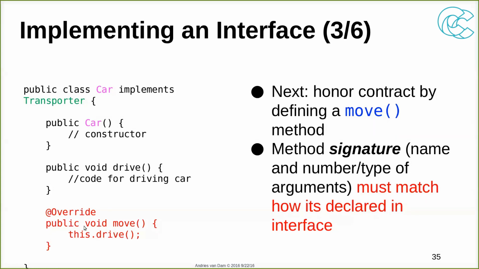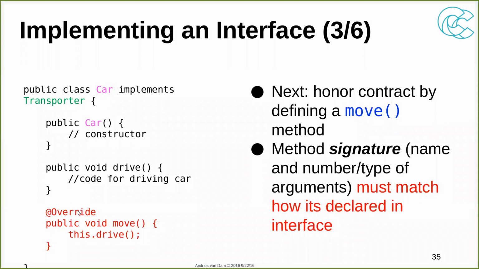The other point that you should remember is to use what is called the @Override annotation. This is again a keyword. We'll be learning more about override in the next topic.